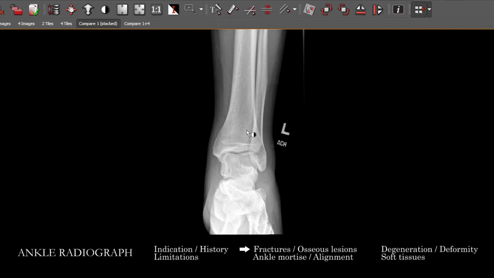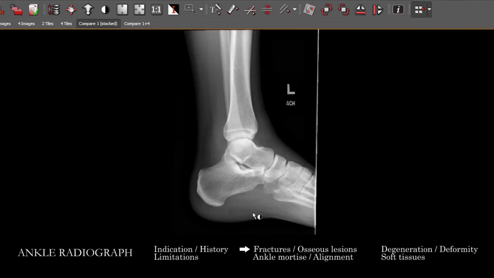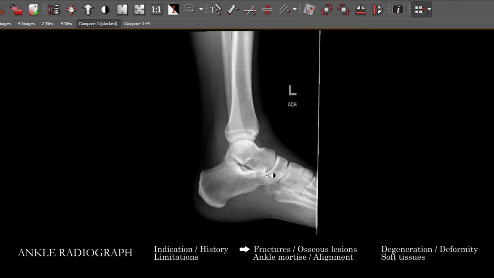to look at through overlapping structures, and you want to do this on every single view. And you want to be very careful that you don't miss kind of edge of the film sort of findings. The base of the fifth metatarsal, for instance, and then on the lateral view, anterior aspect of the calcaneus as a frequent blind spot.